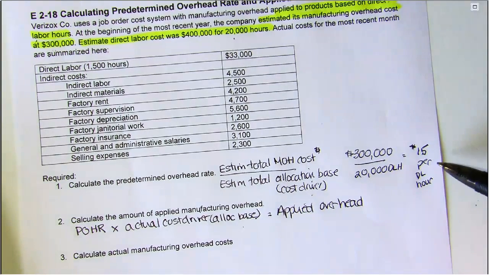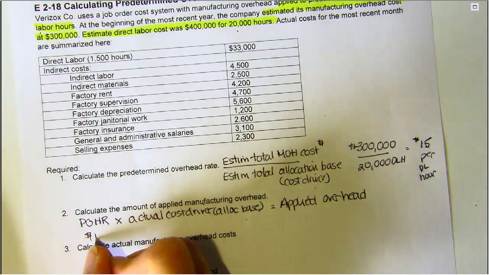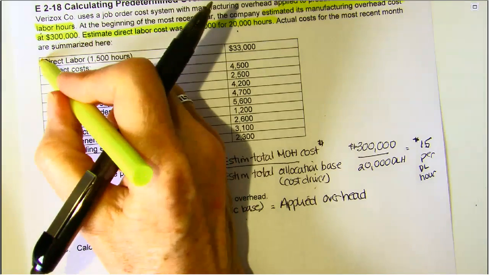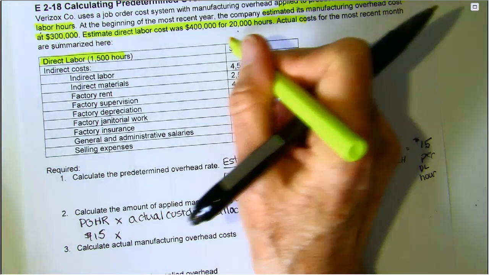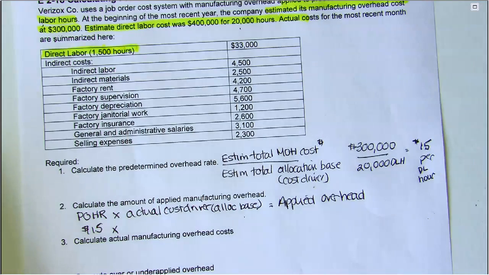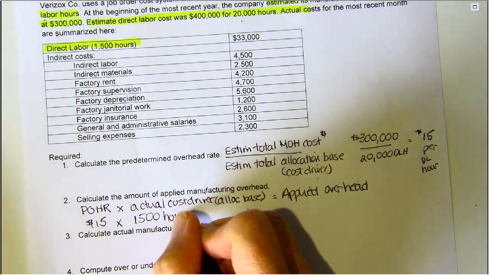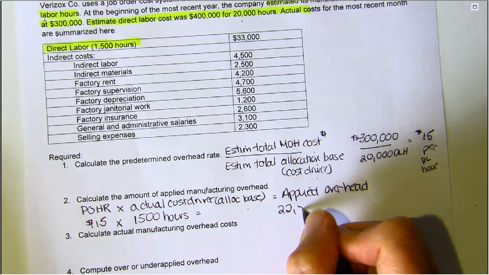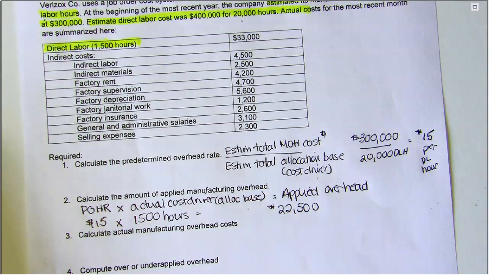We said the predetermined overhead rate is $15 per direct labor hour, and we have to multiply that by our actual direct labor hours, and fortunately, we're given those hours right there. It says actual costs, and there's the direct labor hours, 1,500 hours. That's going to give us $22,500 of applied manufacturing overhead costs.